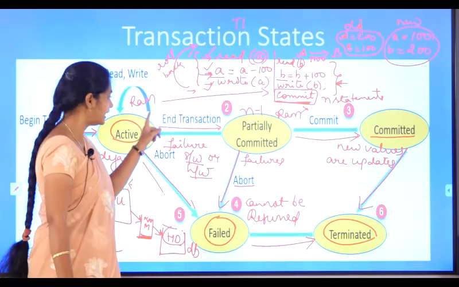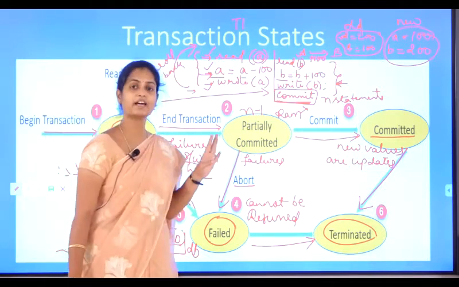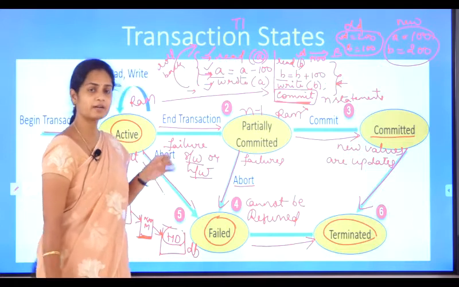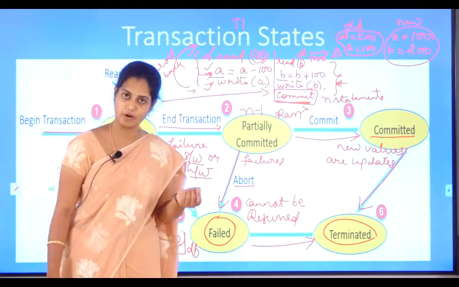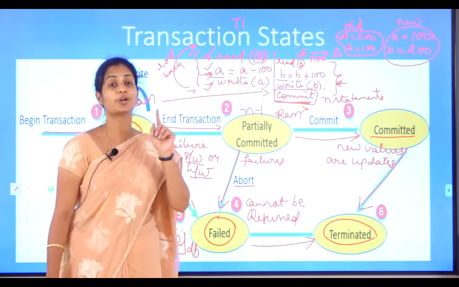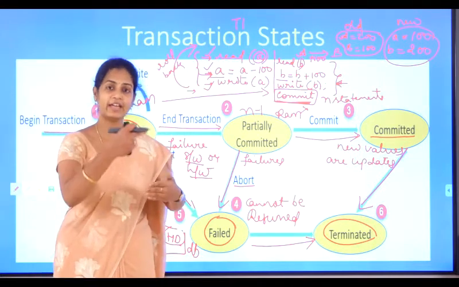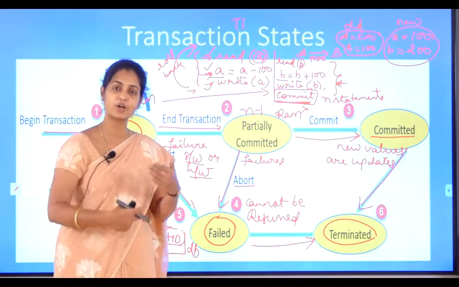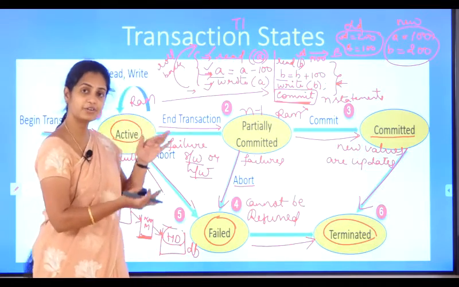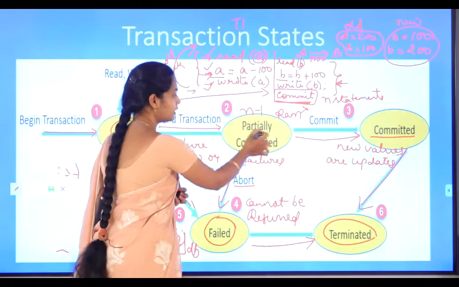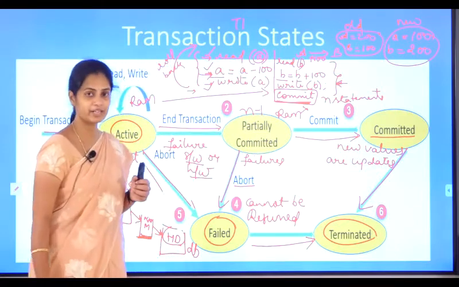Then it will enter into the partially committed state. Why? Because any transaction that we start should come to an end. It comes to an end when we execute all the set of instructions. While it is executing this set of instructions, it will be in a partially committed state.